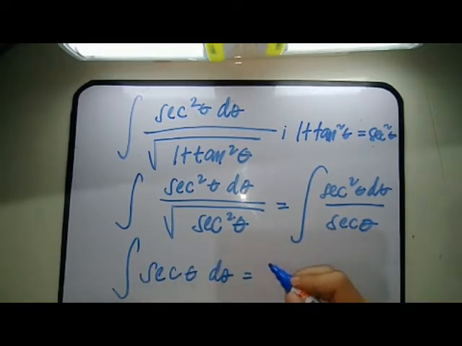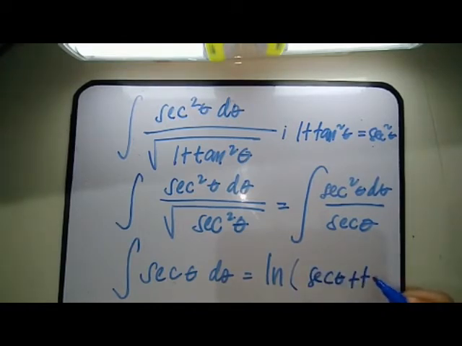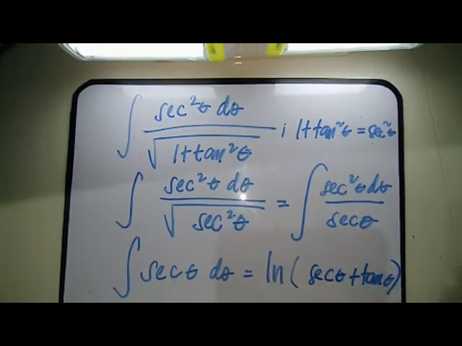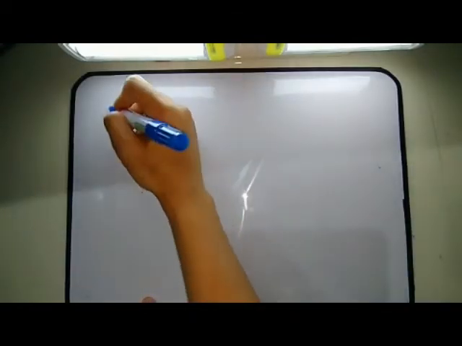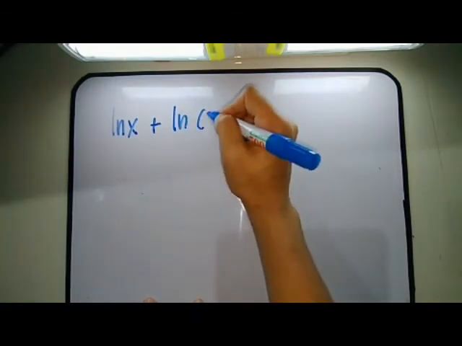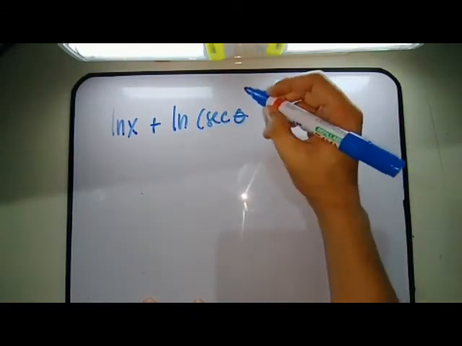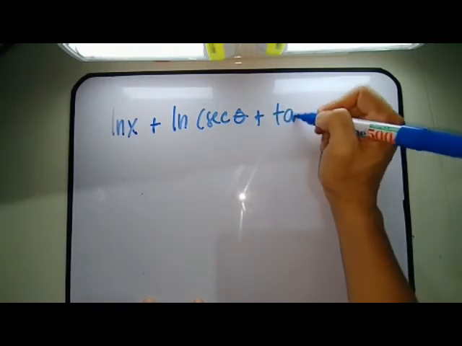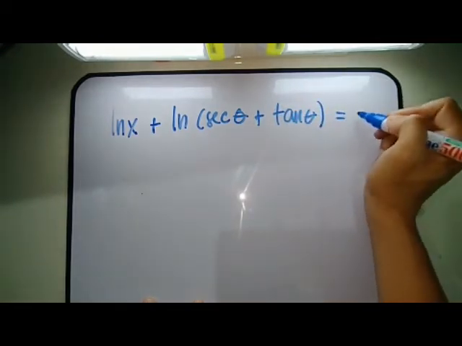So, by formula, this is ln secant theta plus tangent of theta. So, mamaya na yung plus c kasi sa other side na yan. So, ln x plus ln secant theta plus tangent theta equals c.